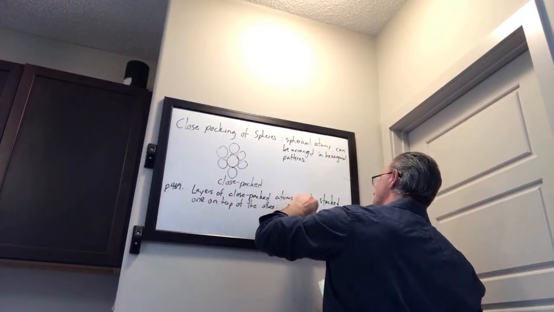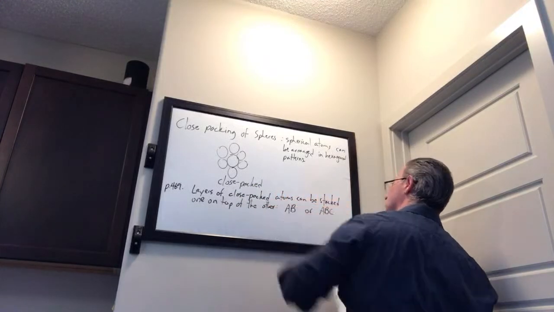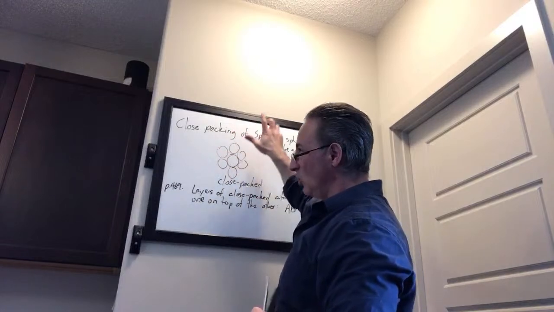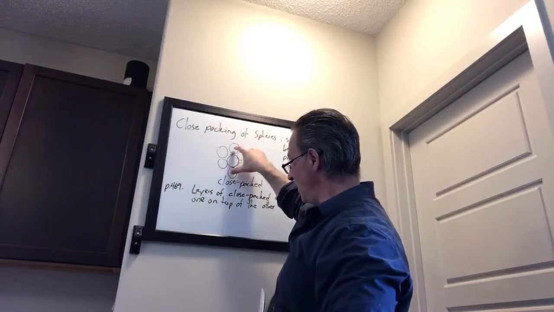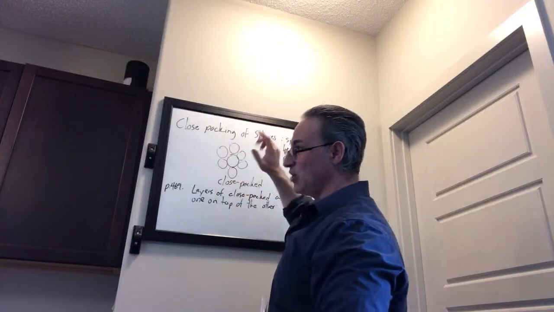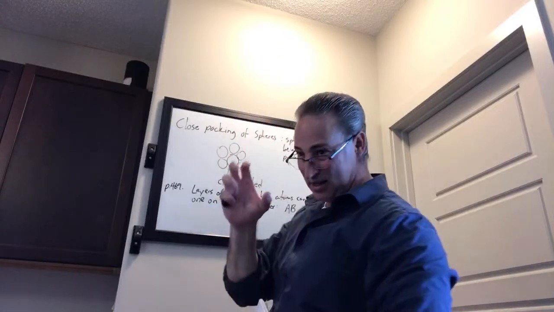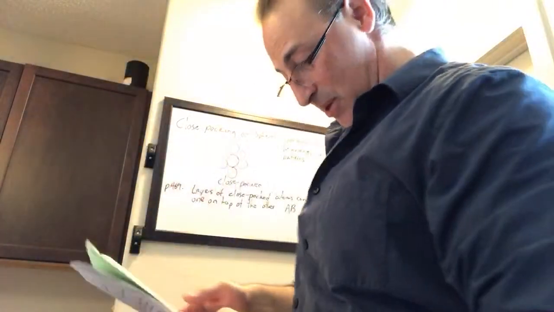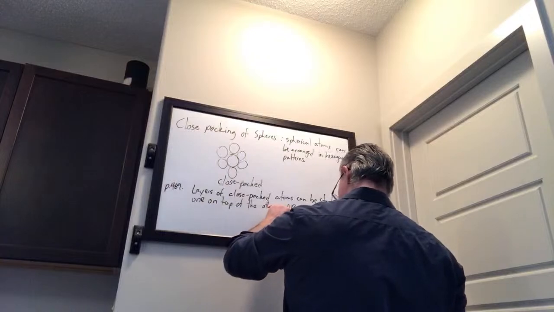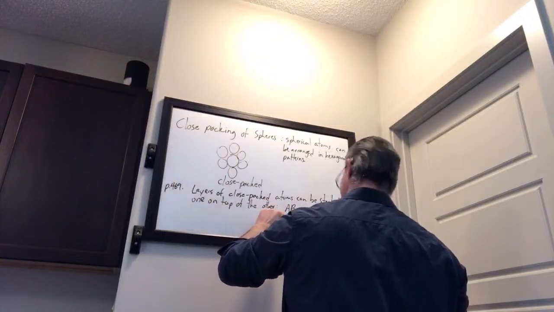You can get AB or ABC. So in ABC, you put one layer, put the second layer, and only until the third layer do you get it lining up with the first layer. And then the pattern repeats. So you get ABC, ABC, ABC. Or you can get AB, AB, AB. And it depends on the size of the spheres that are being packed. So you can get hexagonal close packing.